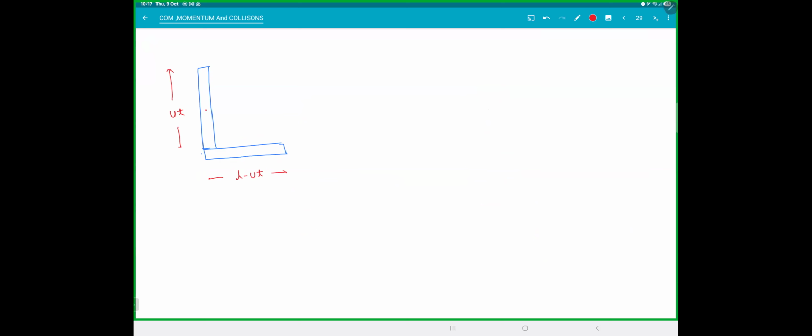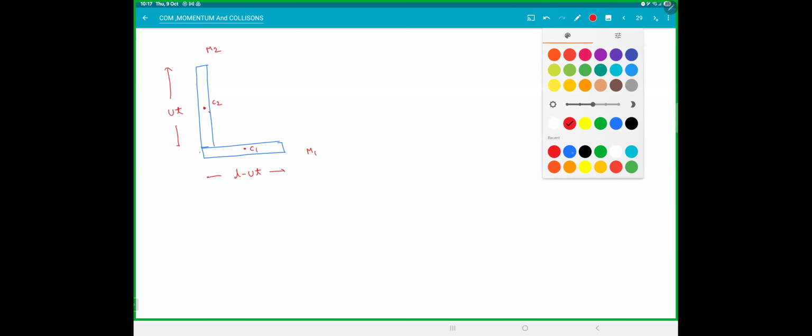So for this vertical part, this is the center of mass. For the horizontal part, this is the center of mass. Agreed? So I want you to find the center of mass of these 2 points, isn't it? So you can just treat the caterpillar as two rods at an L shape. So the vertical rod is ut length, speed into time, and the remaining length is L minus ut. If I take this mass to be m1 and this mass to be m2, mass also will keep changing.